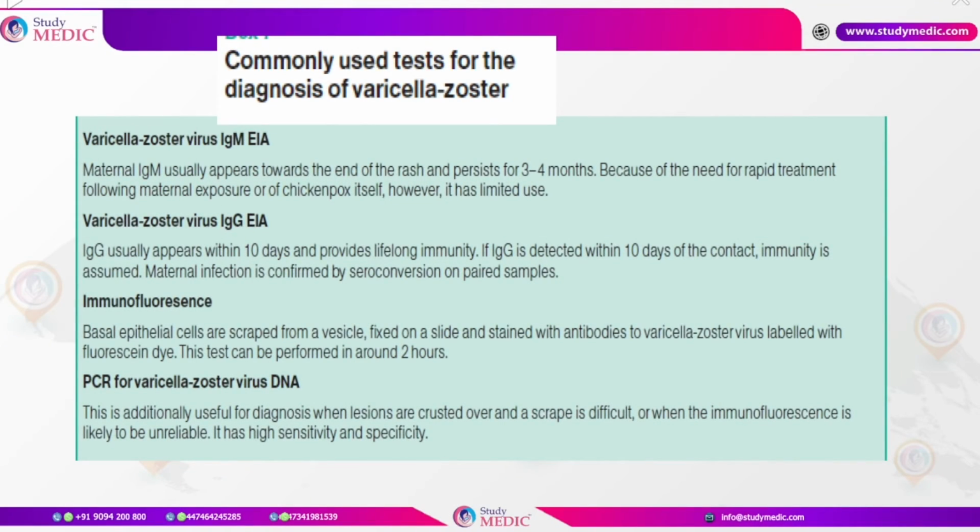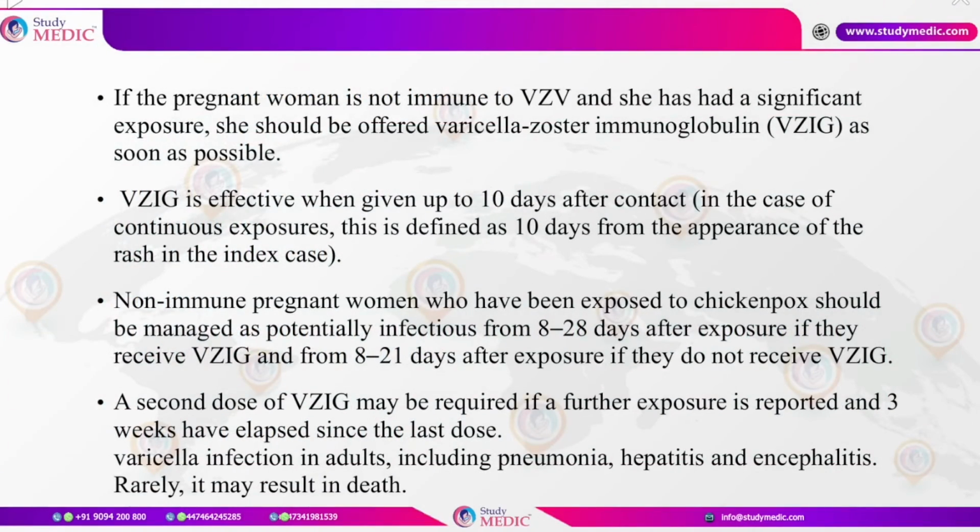If a pregnant woman is not immune to the varicella zoster virus and had a significant exposure, she should be offered immunoglobulin. Immunoglobulin is effective when it is given up to 10 days after a contact.